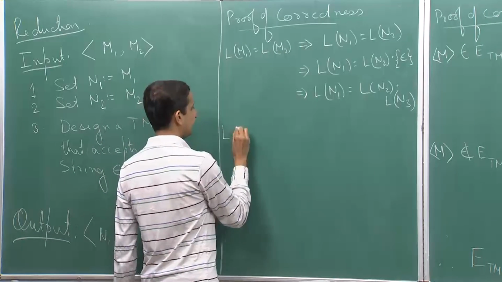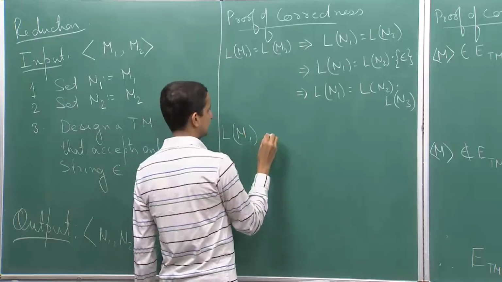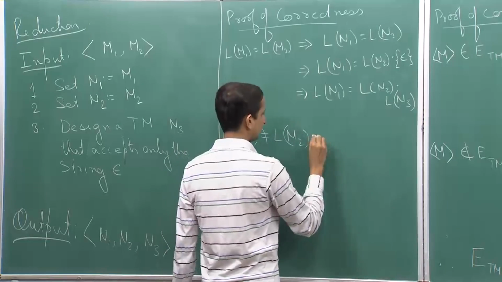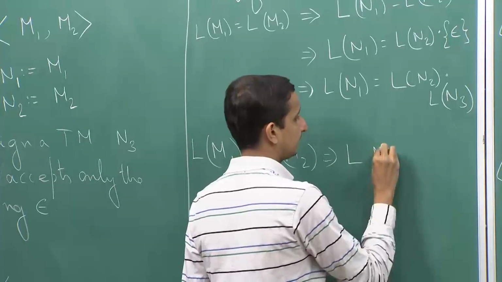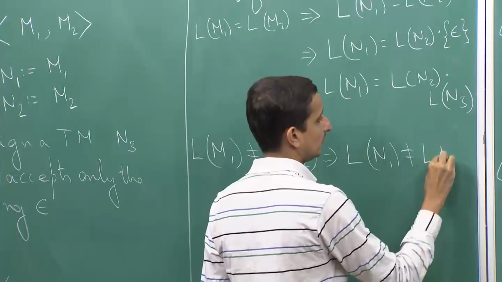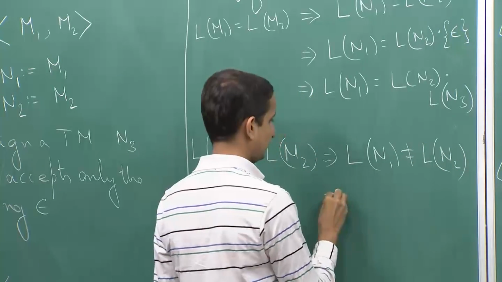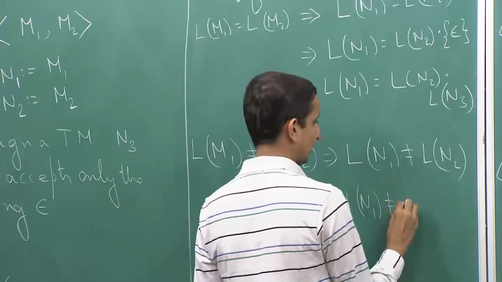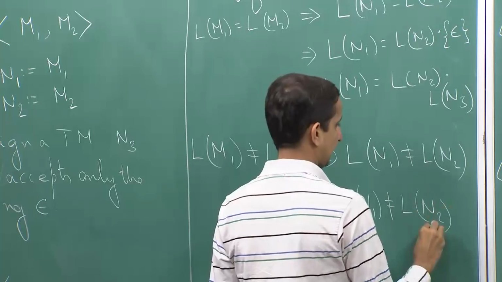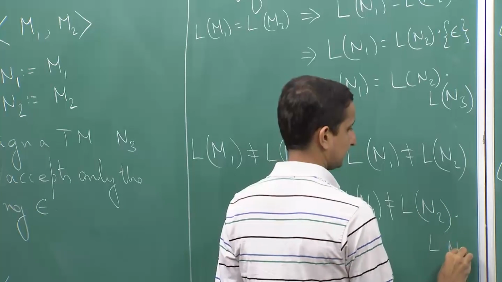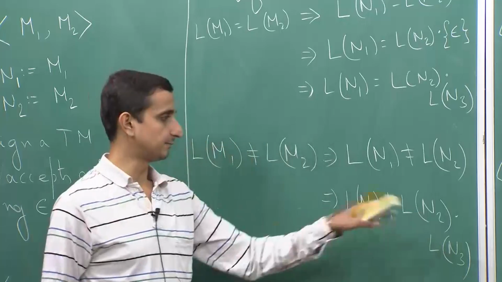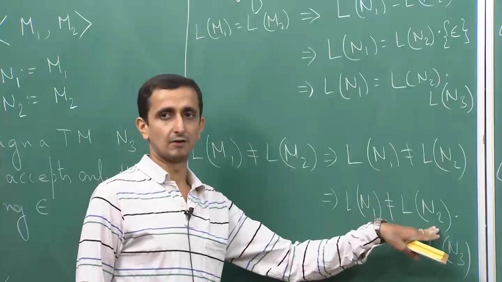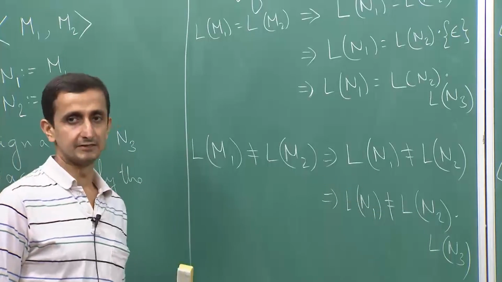On the other hand, if L of M1 is not equal to L of M2, then L of N1 is not equal to L of N2, which implies that L of N1 is not equal to L of N2 concatenated with L of N3, which is nothing but the empty string. So, L of N3 concatenated with L of N2 is just L of N2. Okay. So, therefore, we have this.